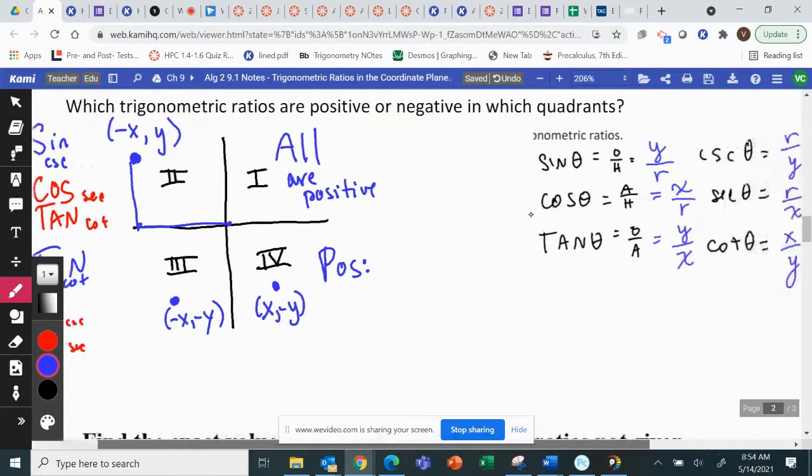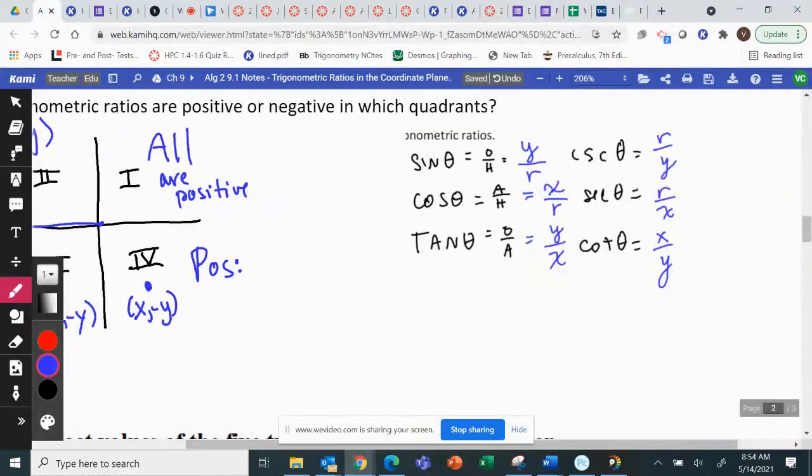So what can be positive in the fourth quadrant? It can't have a negative y in it. What doesn't have a y? Nina, what doesn't have a y? Cosine. So positive is cosine, and then also secant. The stuff with y, the negatives, would be sine and tangent.